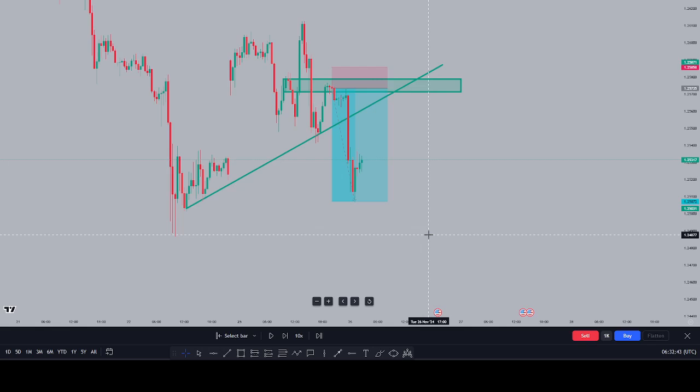Let's say you start the analysis from weekly, get the overall sentiment of weekly, scale it down to daily, scale it down to the 4 hours time frame, then get onto your entry time frame. Once you master this art of running a top-down market analysis, making a good decision in the market won't be difficult for you.